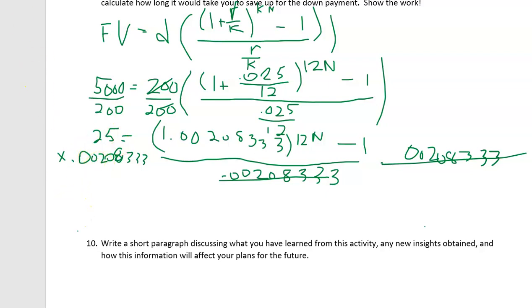The actual amount is 0.05208325. And then over here I now have just what was in the top of the fraction there.